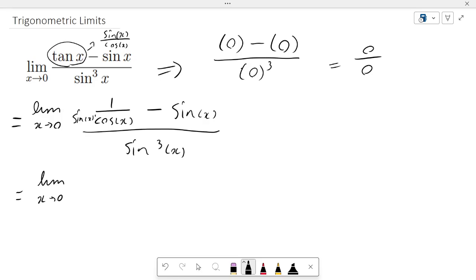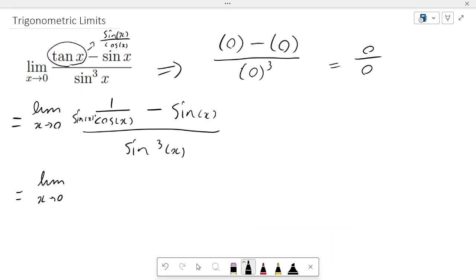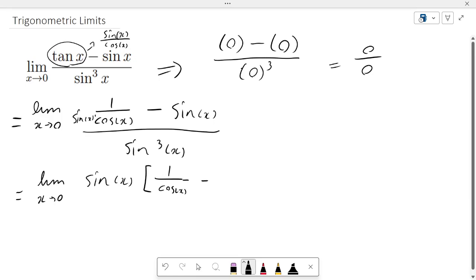And we can clearly see over here that we have a common factor of sine of x. So we can take sine of x as a common factor. So let's do that. We have sine of x, and then we have 1 over cos x minus 1.